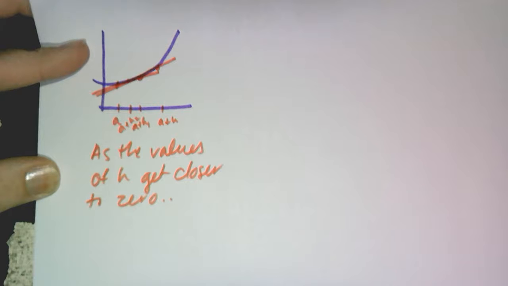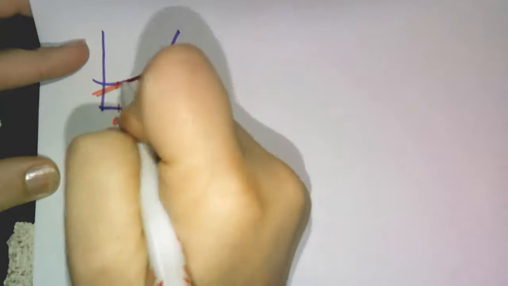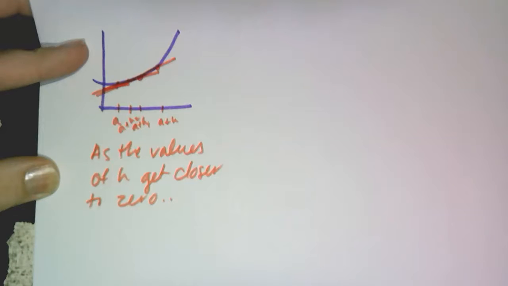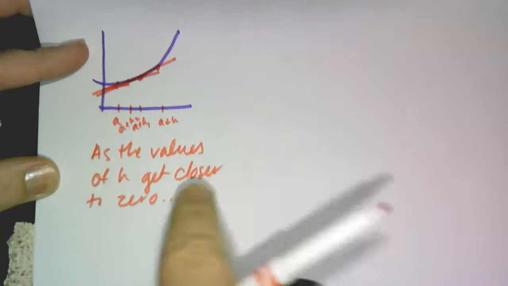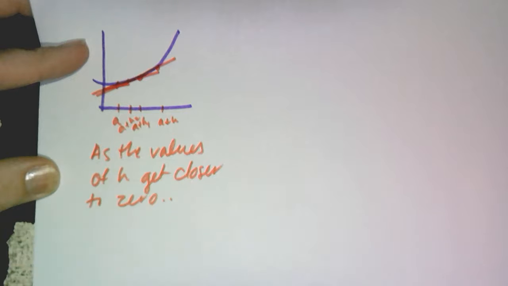What's it going to eventually become? It's going to become the tangent line, would you agree? What's this process called when things get closer to 0, as they approach 0? Limits.